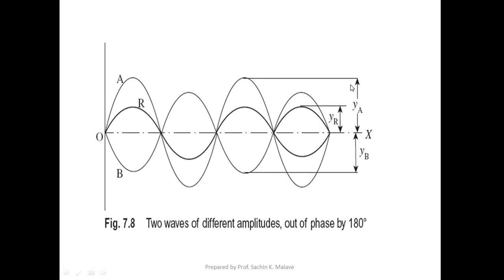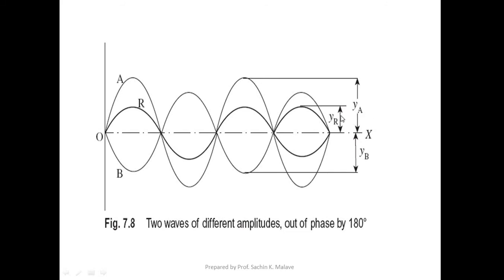So YA is the amplitude of wave A, YB is the amplitude of wave B, and the resultant of these two waves is this wave R, whose amplitude is YR. This amplitude is nothing but the difference between YA and YB.